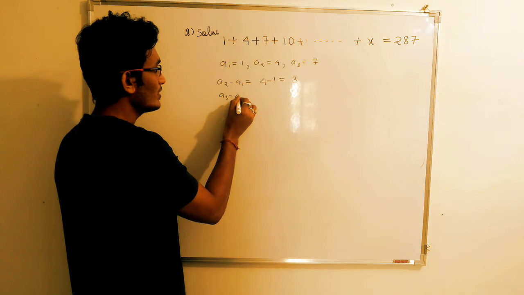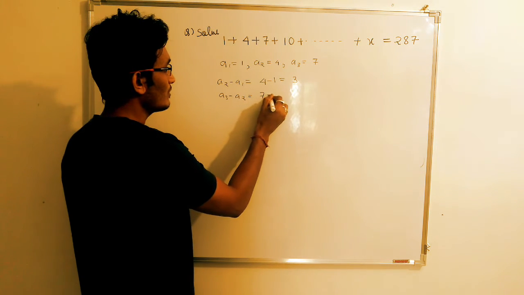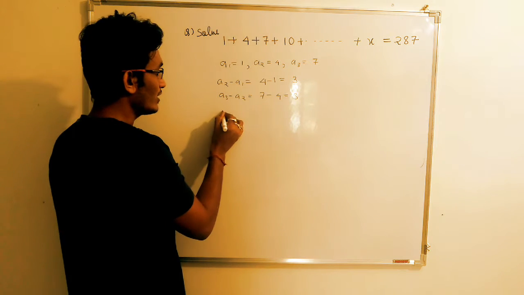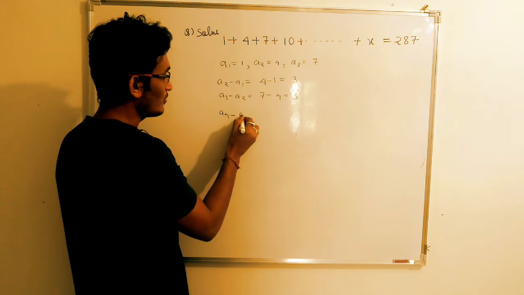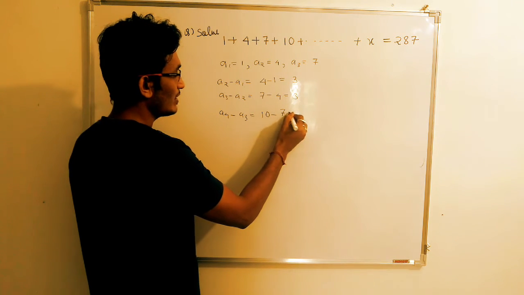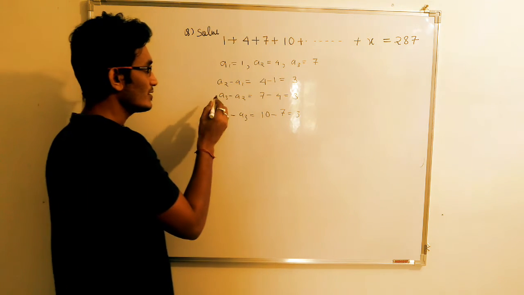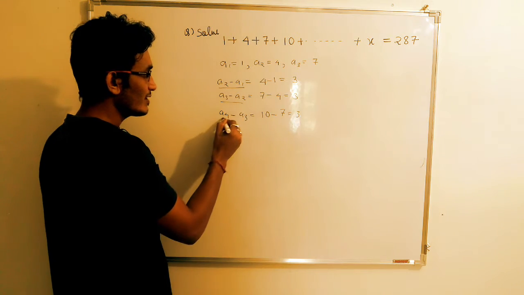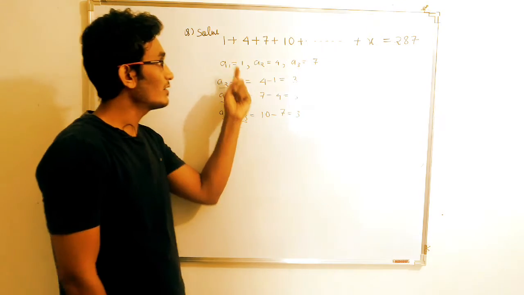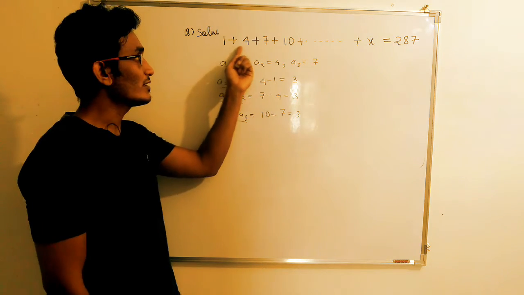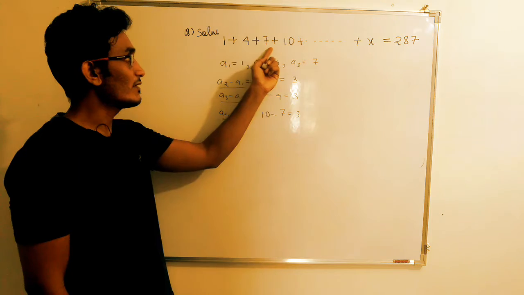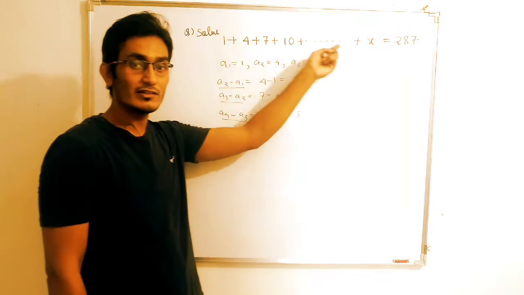A3 minus A2 equals 7 minus 4, also 3. Similarly, A4 minus A3 is 10 minus 7, which is 3. Here the common difference is the same, so all the terms are in AP: 1, 4, 7, 10, dot dot dot, x.